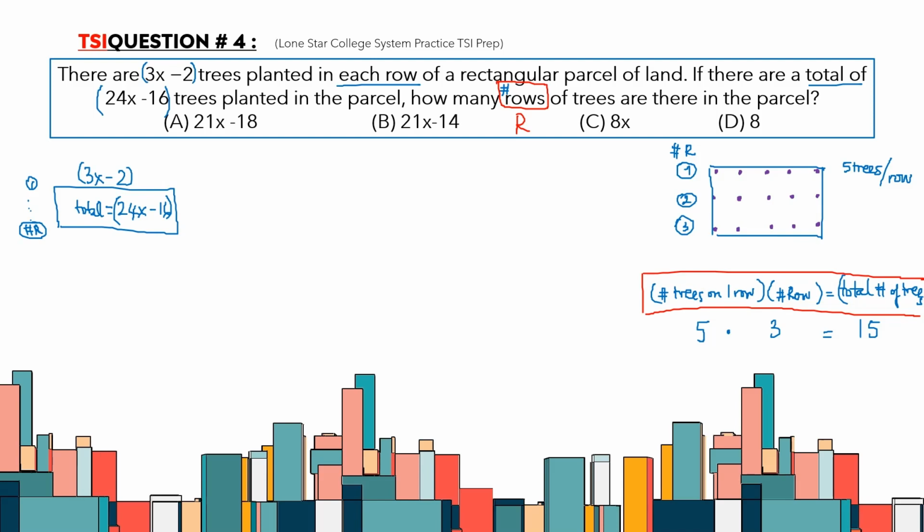Now based on the problem we discussed at the beginning, the number of trees on one row is 3x minus 2. We multiply by the number of rows, R. That's equal to the total number of trees in that parcel, which is 24x minus 16.